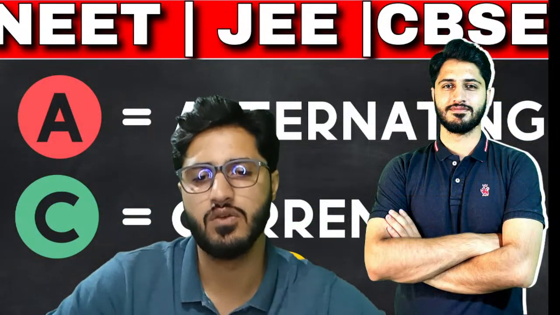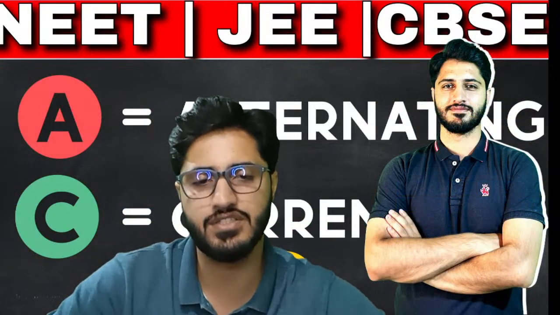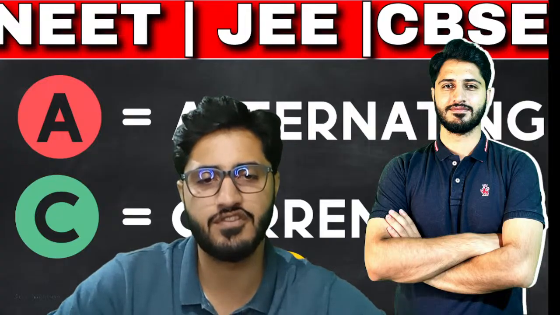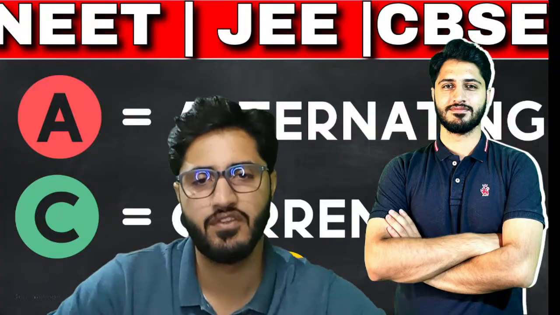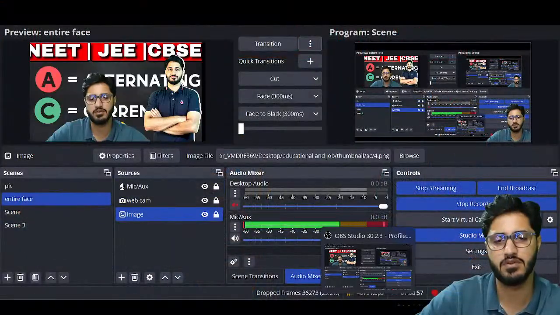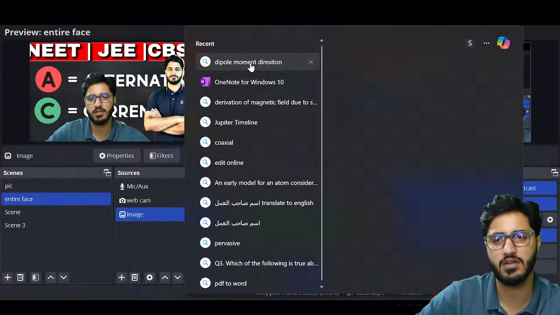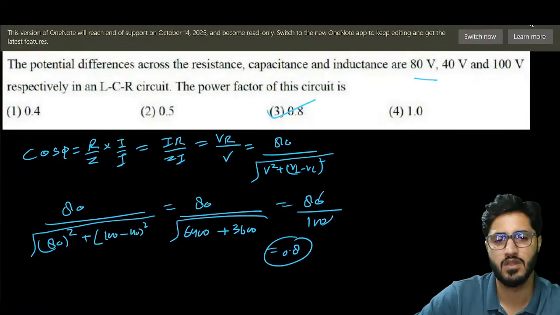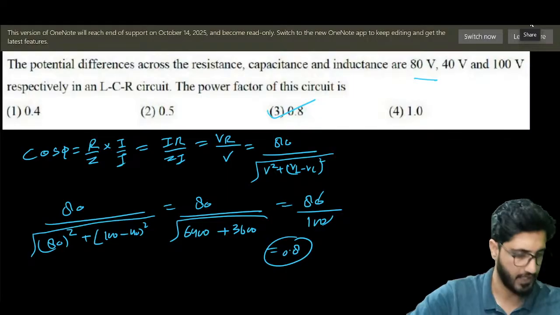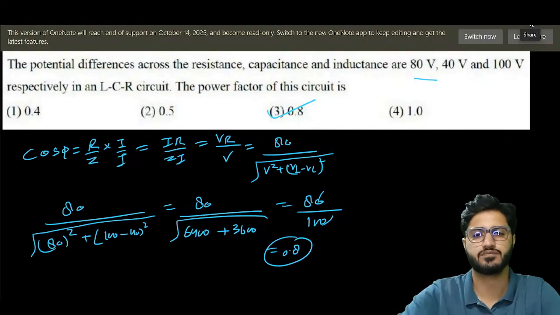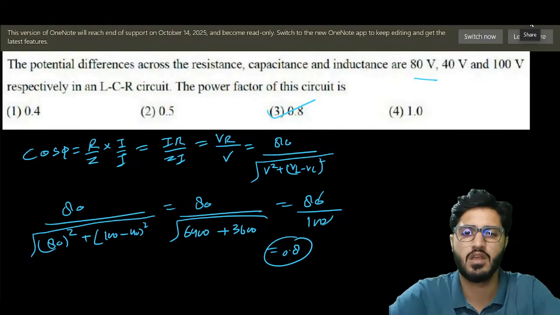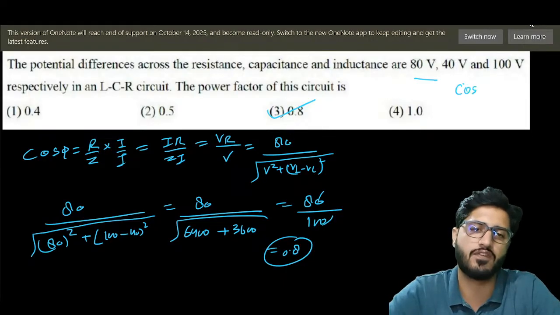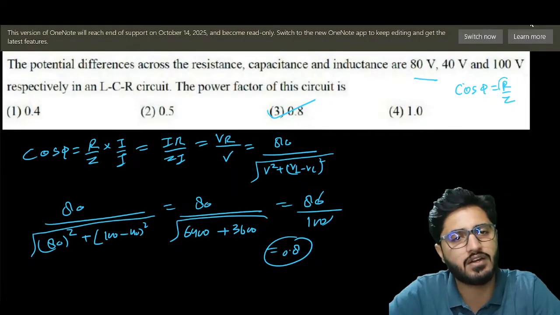You need to now watch these things. Which one is better? Second setup. Okay, look now. We have the formula, cos phi equals R by Z. We don't have resistance, nor do we have impedance.